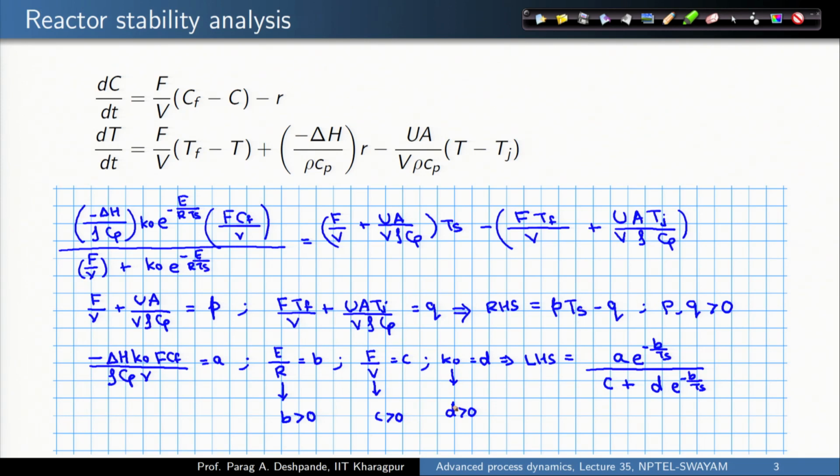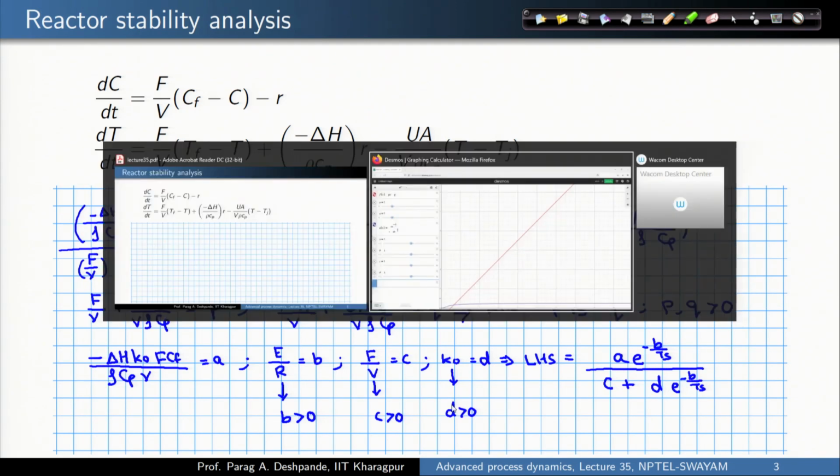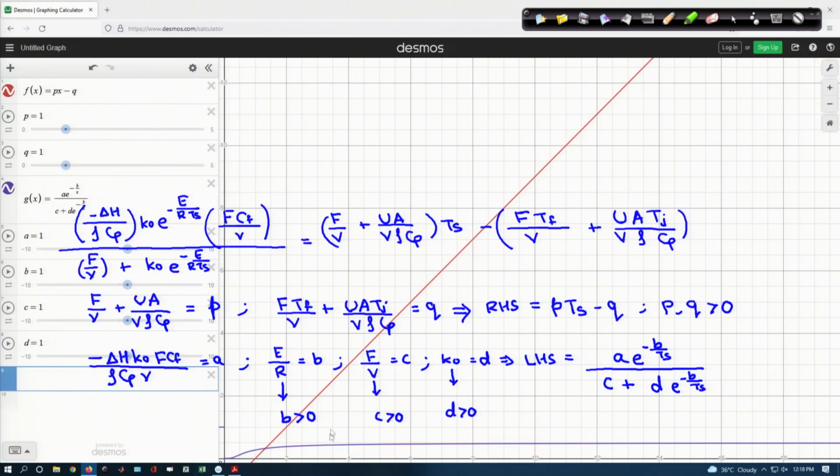So, let us for sure set B as positive, C as positive and D as positive. Okay.